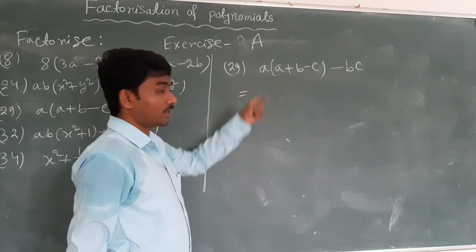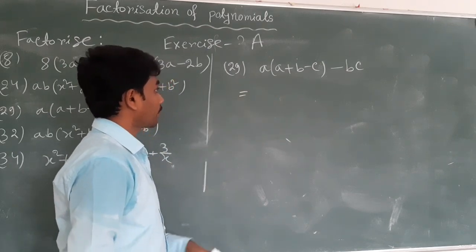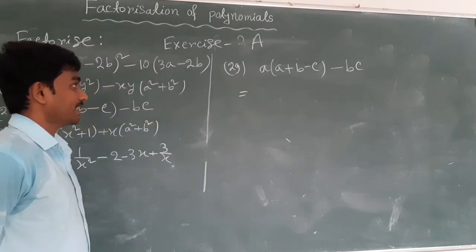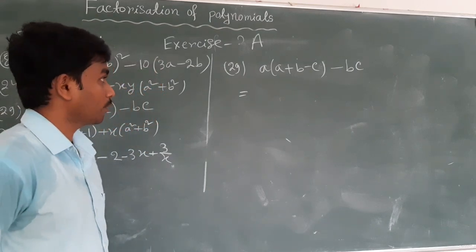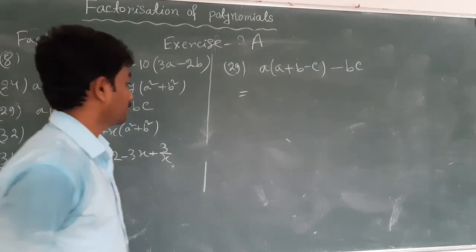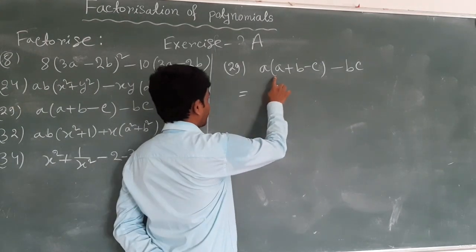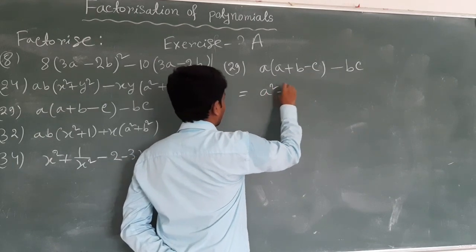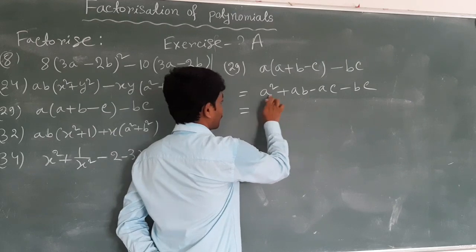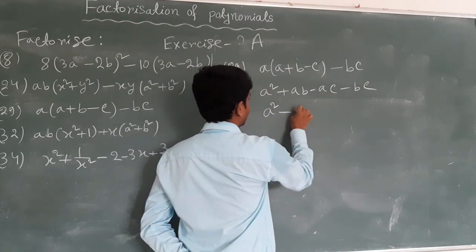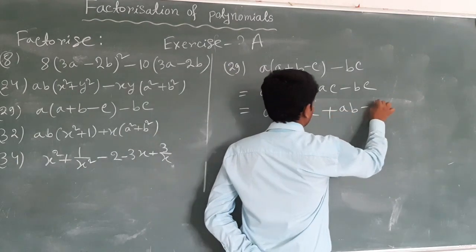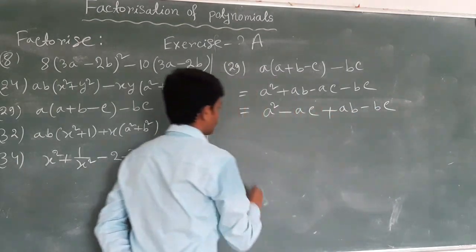Factorize question number 29. From question number 29, it is clear that we can't take any common factor from each of the terms directly. So we first remove the bracket. So a square plus ab minus ac minus bc: first term with third term and second term with fourth term.